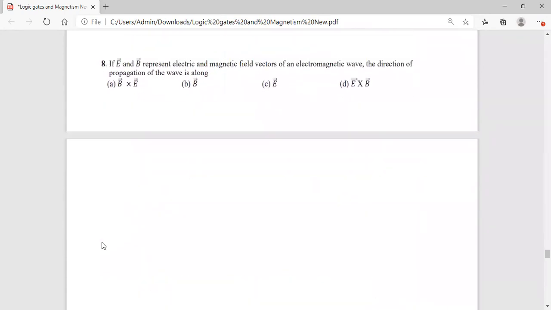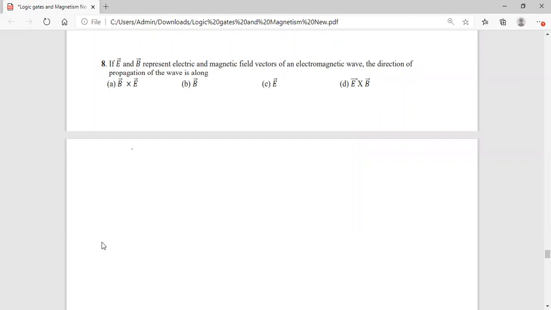Next one, 8th one. If E and B represent electric and magnetic field vectors of an electromagnetic wave, the direction of propagation of the wave is along?